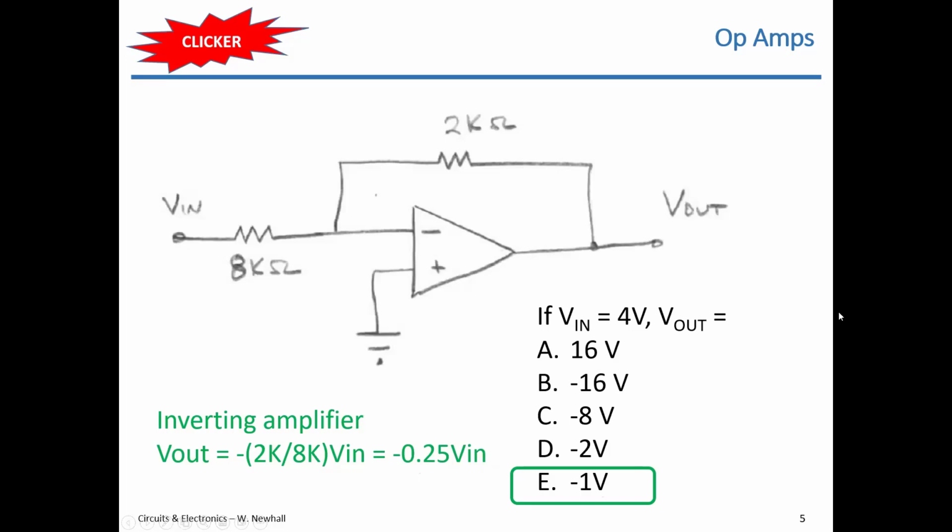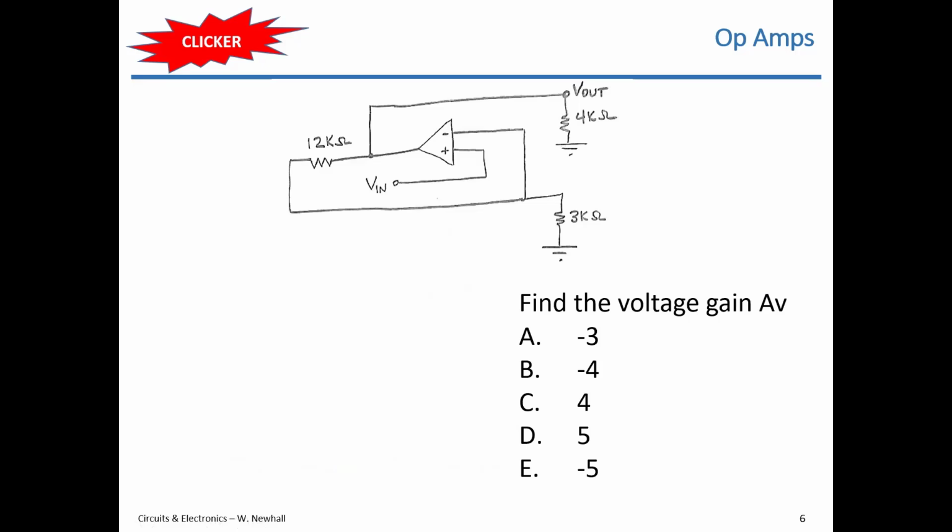All right, let's try another op-amp circuit. This one might look different, but I'd encourage you to look closely. So let me give you another hint here. If you look at this circuit, the input voltage is connected to the non-inverting input.